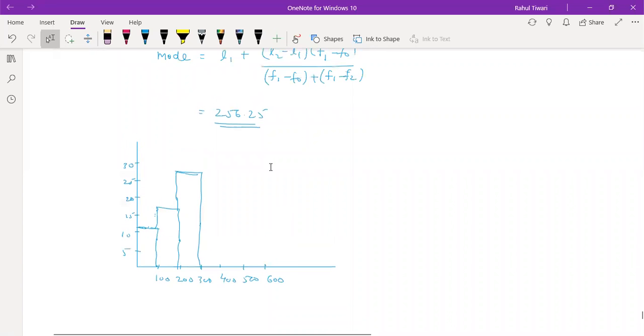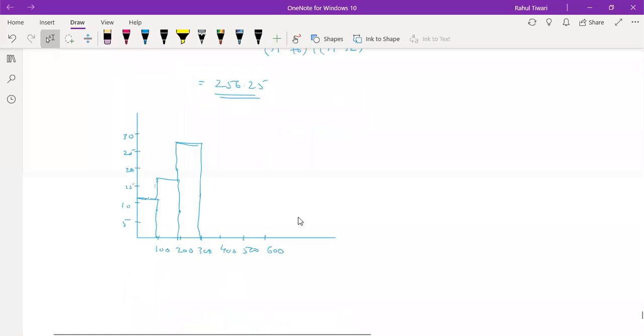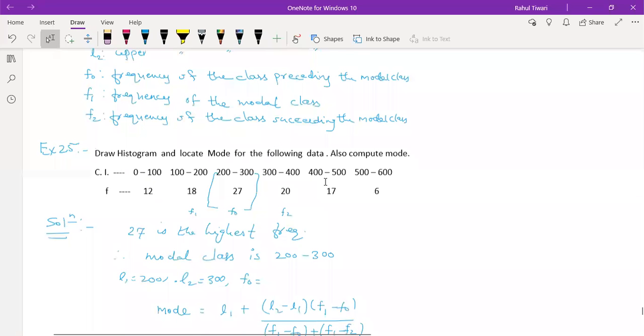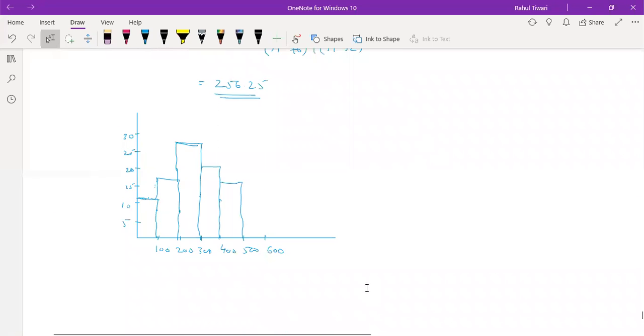Next one is 20, 17. 20, 17. And then finally we have 6.